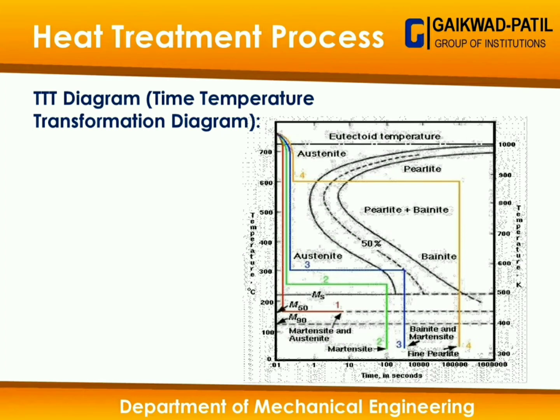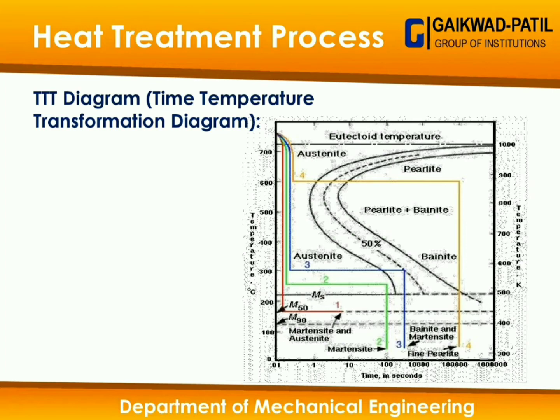The TTT diagram is usually used to study steel transformations, right? That particular TTT diagram is basically focused on the eutectoid system, where gamma austenite is transformed.